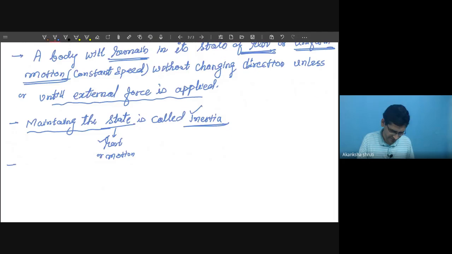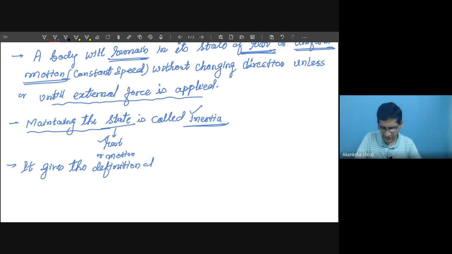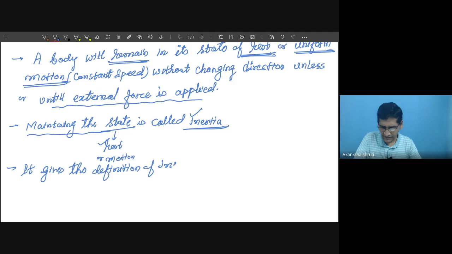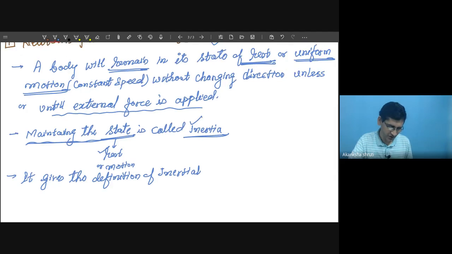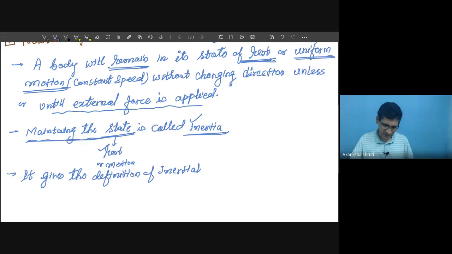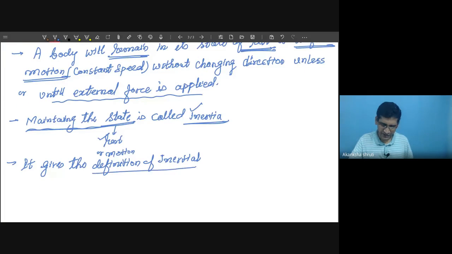So it gives the definition of inertia. What is inertia? Inertia is maintaining the same state. This means it will remain at rest or remain in motion, means the state will be maintained. So it gives the definition of inertia.